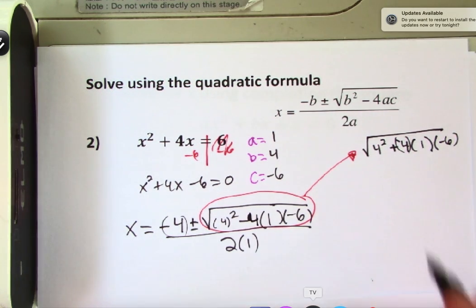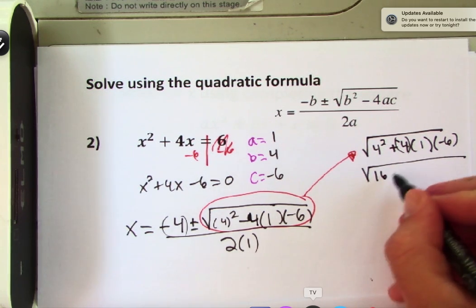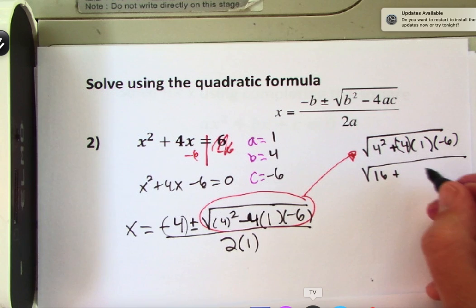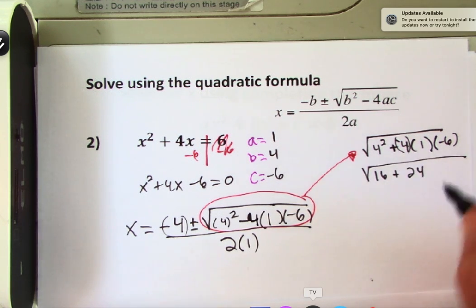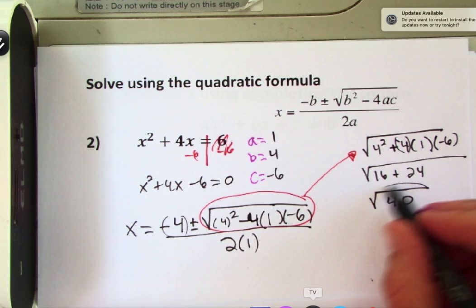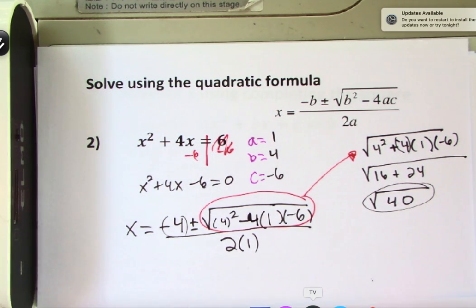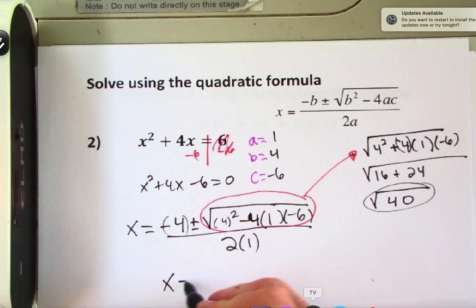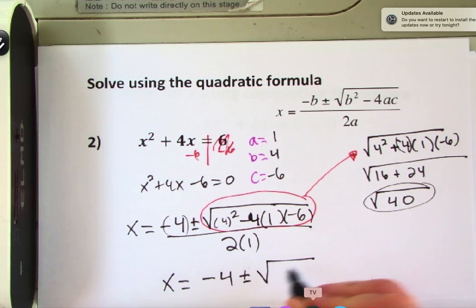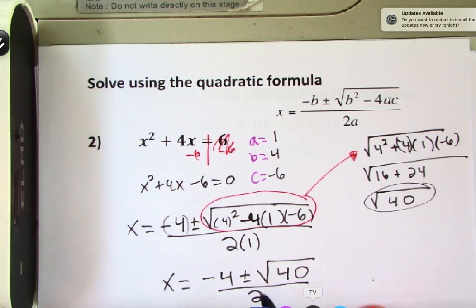It might help with your math. So 4 squared is 16, plus 24, and when we add those we get 40. Inside the square root, you get the number 40. So now I get x equals negative 4 plus or minus the square root of 40, over 2 times 1, which is 2.